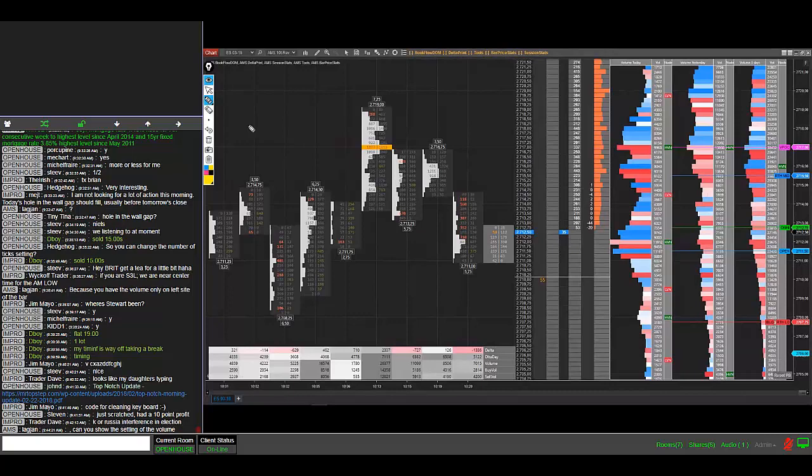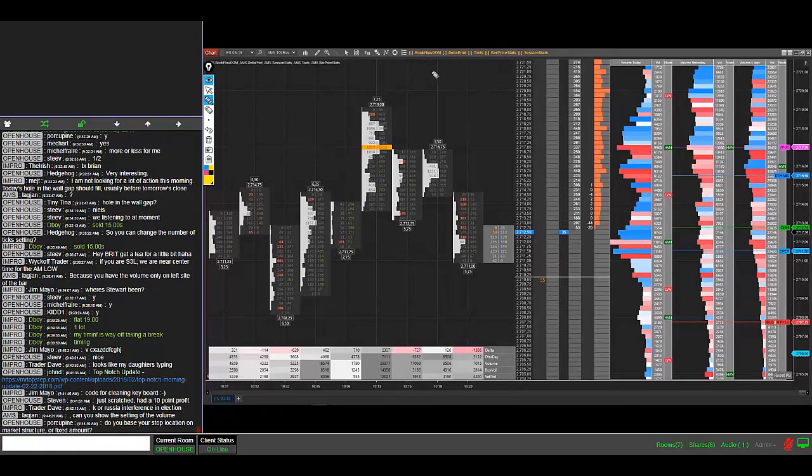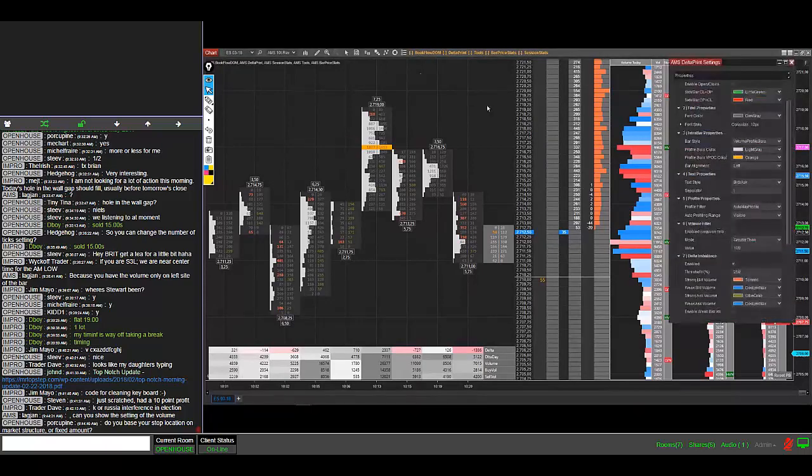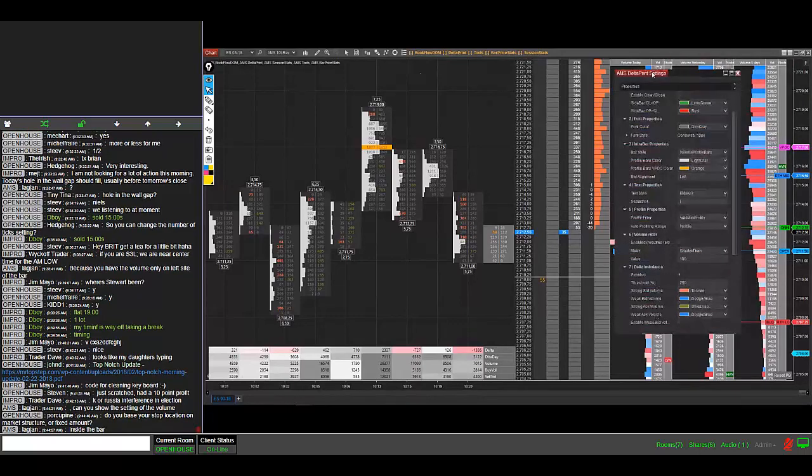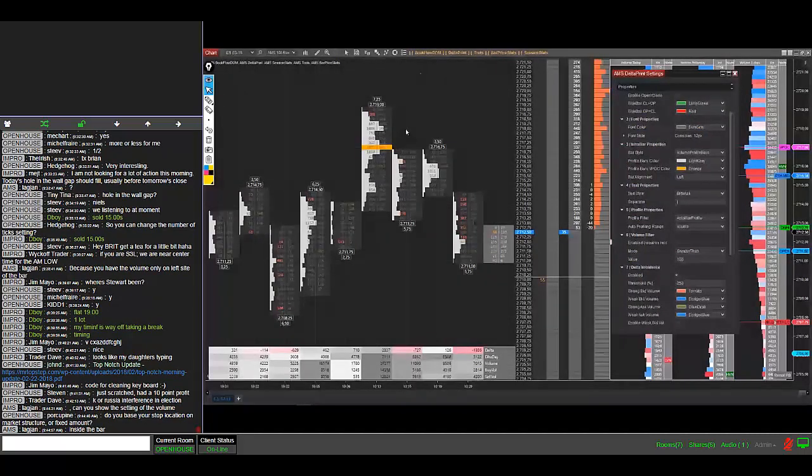The setting of the volume. You mean of the delta print, Luke? I set it on auto now, so it automatically gets the highest volume and then makes the size inside the bar. So right now the sizes of the volume profiles are set automatically and in reference to the highest volume.